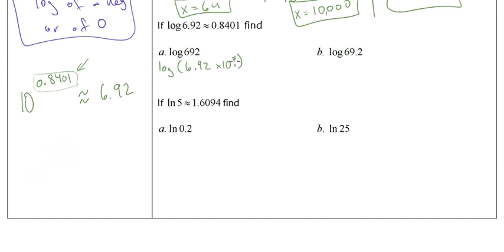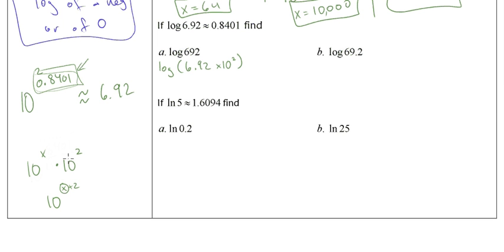Well, if we have another two tens being multiplied in with our 0.8401, let's say 10 to the x power, times 10 squared, you would add these exponents. We would get 10 to the x plus 2.